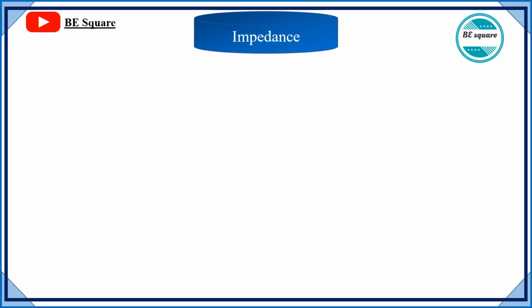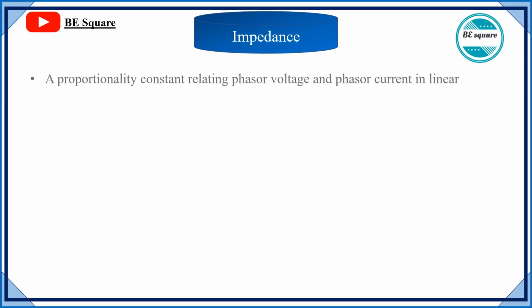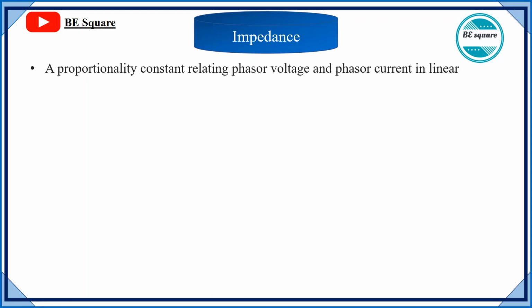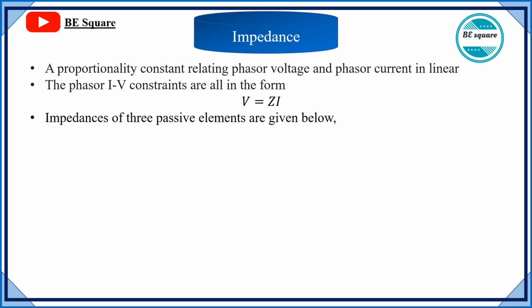Next topic is impedance. Impedance is a proportionality constant relating phasor voltage and phasor current in linear circuits. The phasor I-V relationship is in the form V equals Z I. Here Z is the impedance. Impedance of three passive elements is given below.